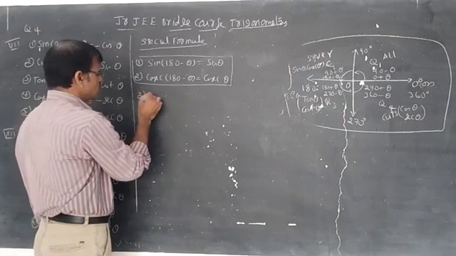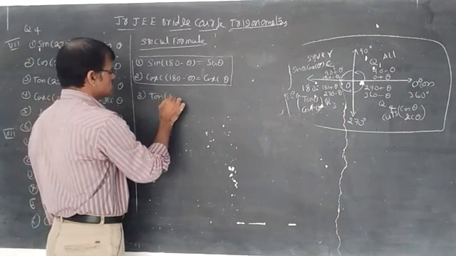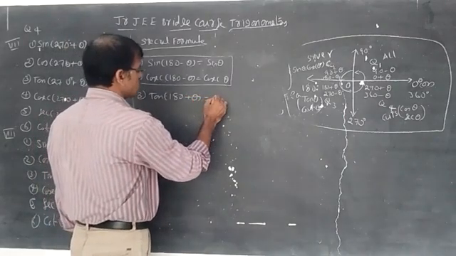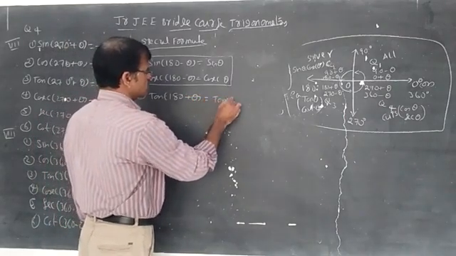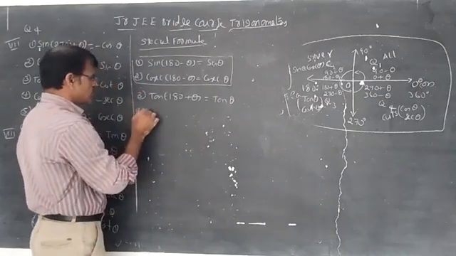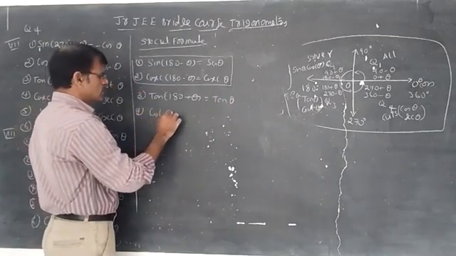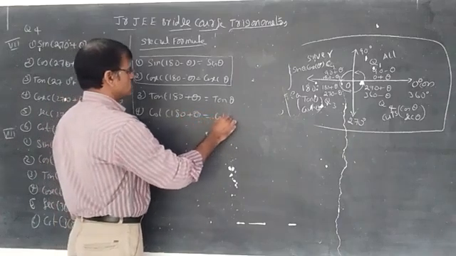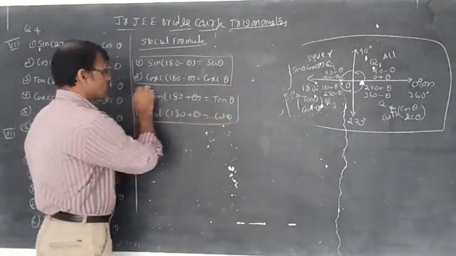Next, third one, tan of 180 plus theta is equal to tan theta. Useful formula. In the similar way, its co-function cot of 180 plus theta is also cot theta.